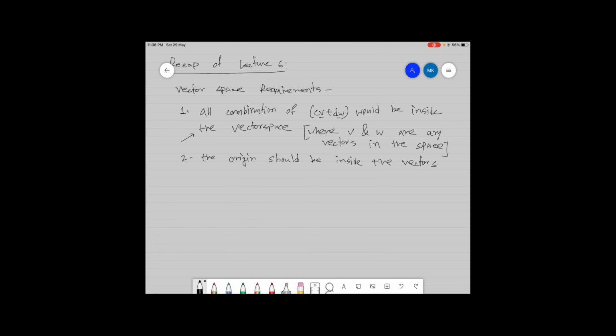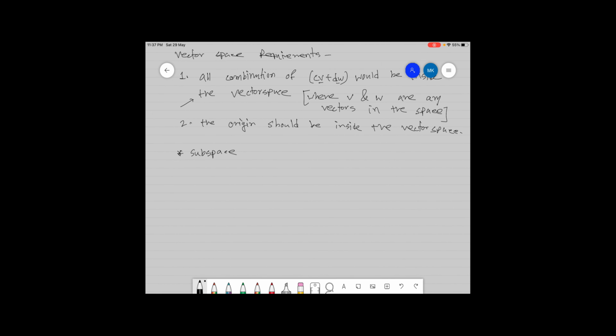So these are the two main conditions of vector space. Okay, and we also talked about a subspace. A subspace is basically a subset of a vector space. So it was a space inside a vector space.